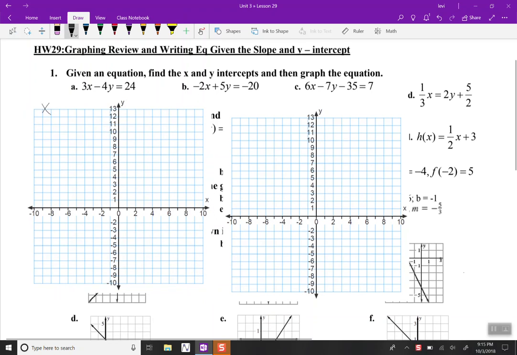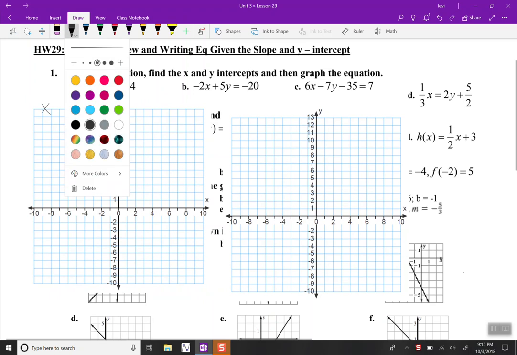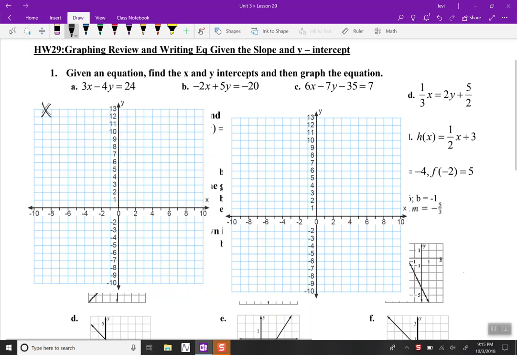So our x-intercept is going to be 3x equals 24, because we're substituting in a 0 for y. That eliminates that whole y term. Divide by 3. X equals 8. So that's the point (8, 0).